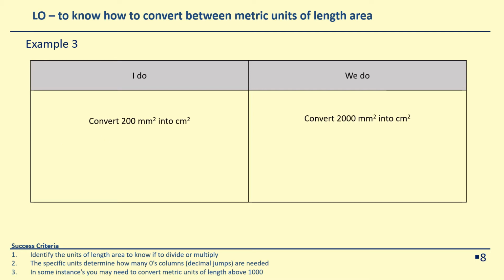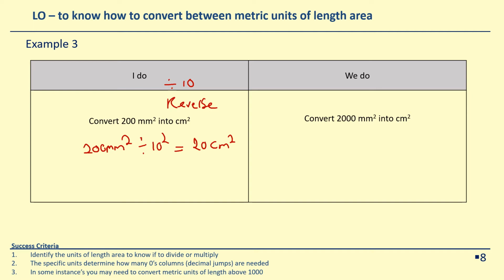Now it's asking us to go from millimeters to centimeters. We need to divide by 10. Going the opposite, we're doing the reverse, like it's shown us in the diagram. So 200 millimeters squared divided by 10 squared equals 2 centimeters squared.